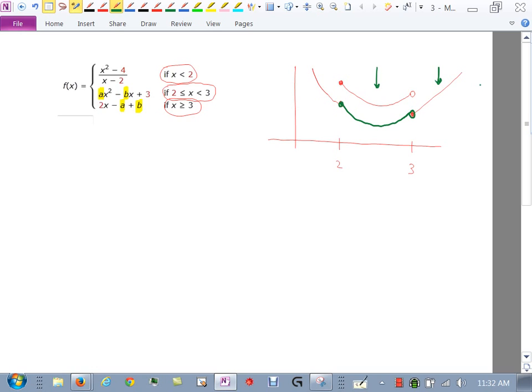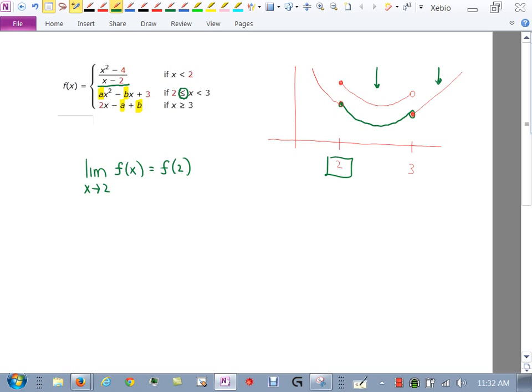Okay, let's start by looking at what happens at 2. First of all, in order for it to be continuous at 2, we need the limit as x approaches 2 of our function to be equal to f of 2. Well, what is f of 2? To figure out f of 2, we look at where the function is defined at 2, and that's this one because of the equal sign there.